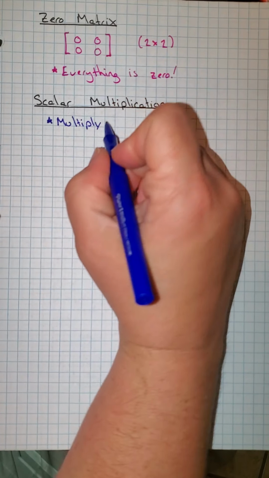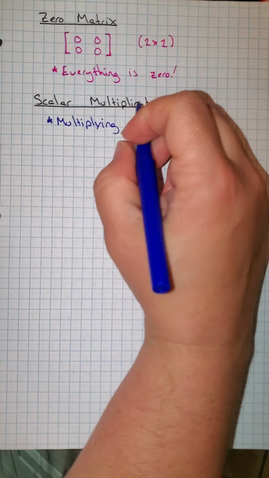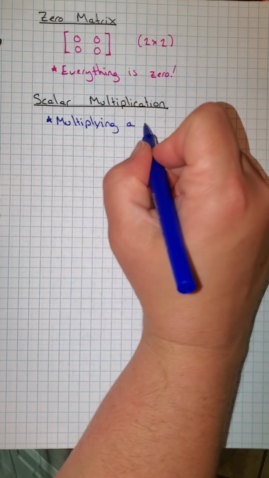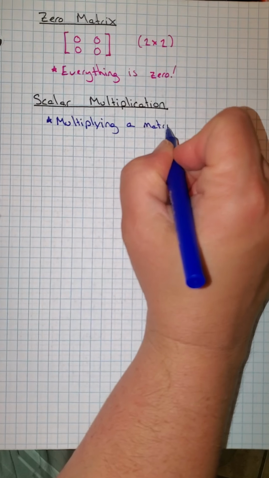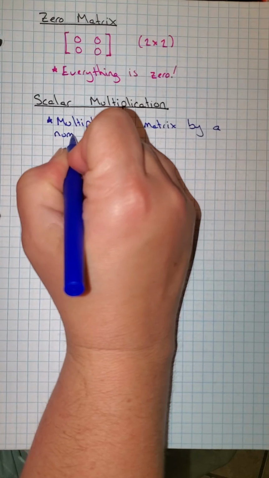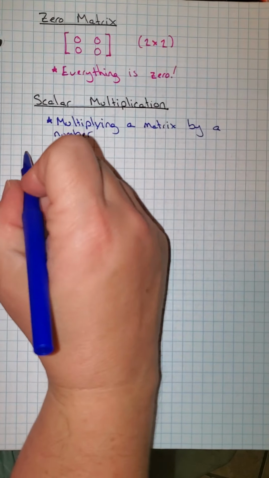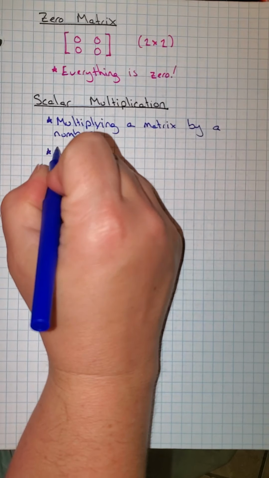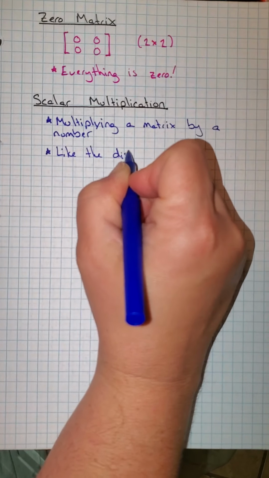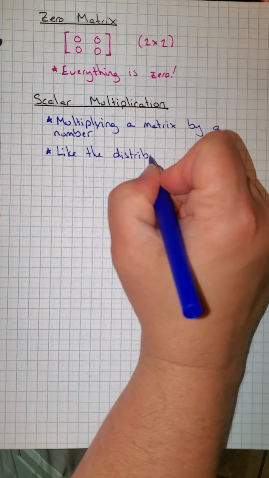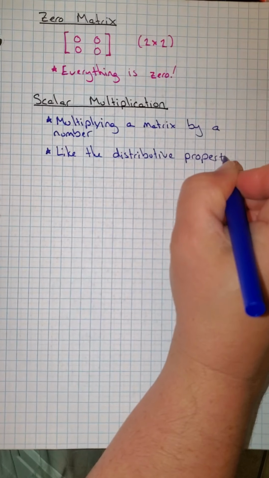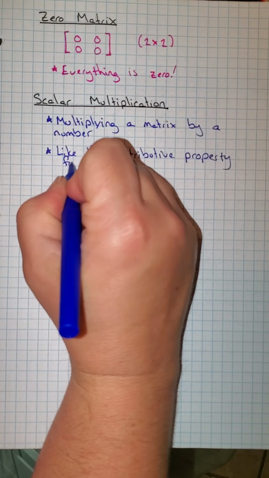I guess it could be 0 too, though. So multiplying a matrix by a number, called the scalar. It's pretty much like the distributive property for algebra.